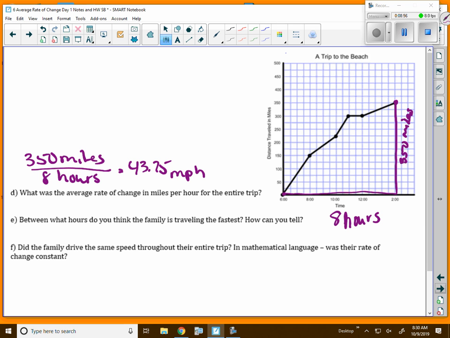Okay, good. Between what hours do you think the family is traveling the fastest? 6 to 8, 10 to 11. 6 to 8. Okay, so 6 to 8 was 75? Okay, 10 to 11 is 75 over 1. Is it 75?